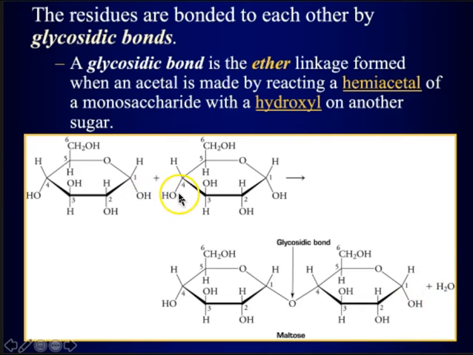I'm going to pull off another water and connect what's left. This is very similar to a dehydration reaction, since I'm literally dehydrating it every time I connect a residue. I'm taking away water from here and producing it over here, and then connecting what's left.